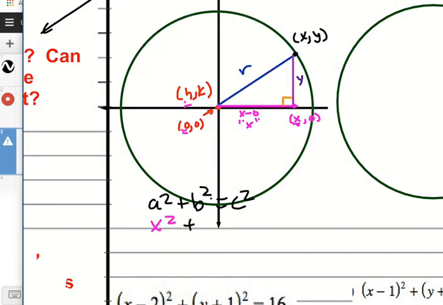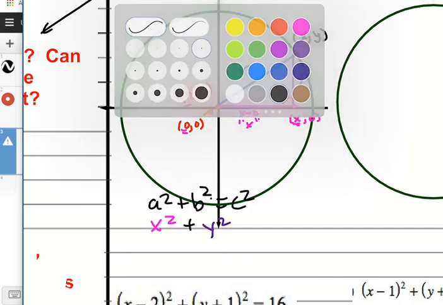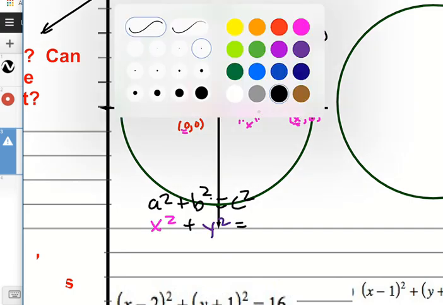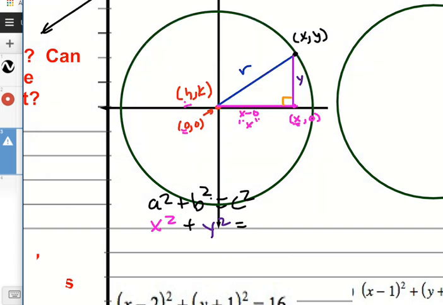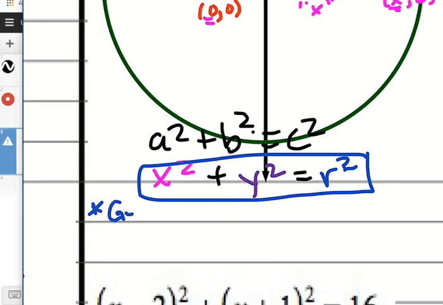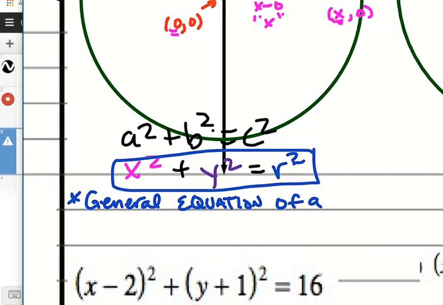The thing we can make note of is that this is the general equation of a circle at 0, 0. So if the center is at 0, 0, this is what the equation is going to look like. Of course, you're going to substitute in the r value, but that's in general what's going on.